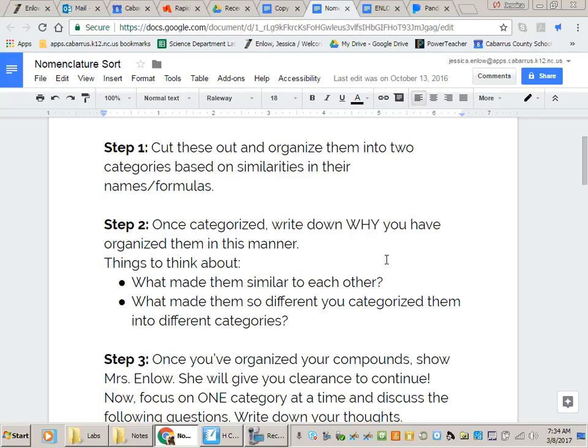Yeah. Oh wait, no. Look at the next step. So we can only categorize two even groups. But I'm asking.